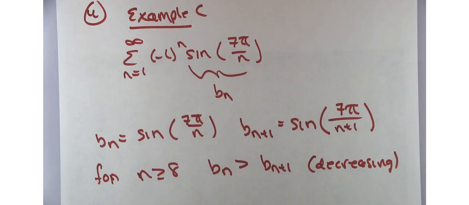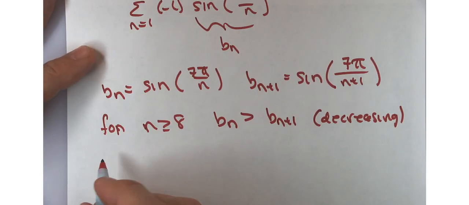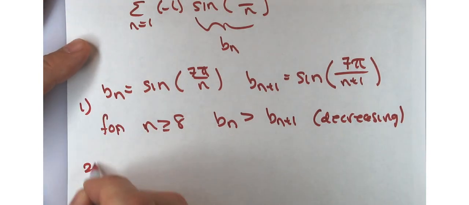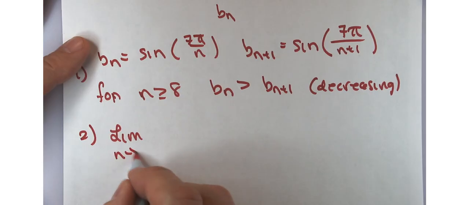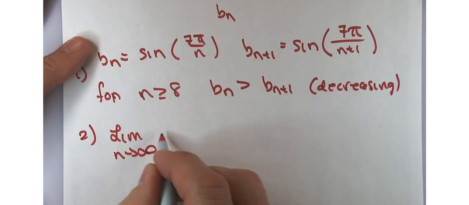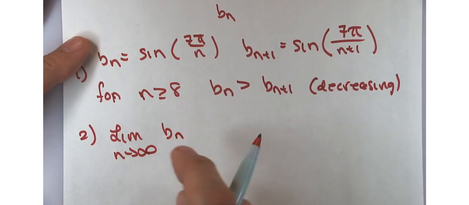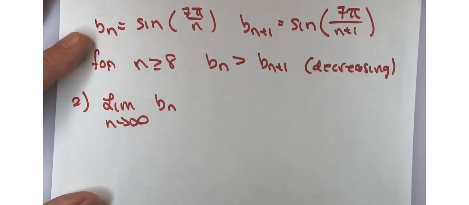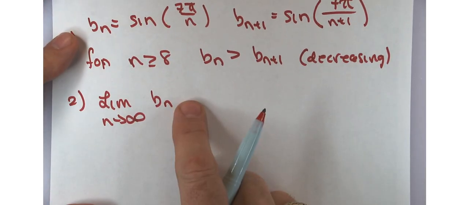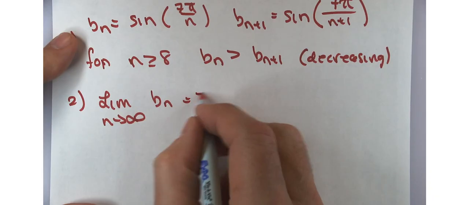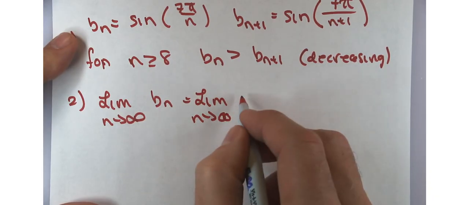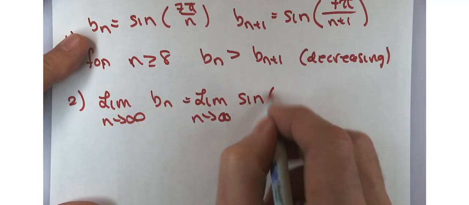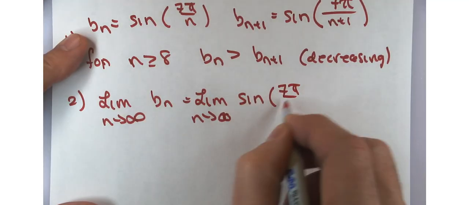The second assumption we have to check is this one, the limit as n approaches infinity of b sub n. I'm not going to worry about the alternating part. I just want to see that this limit is 0. Limit as n approaches infinity of sine of 7 pi over n.